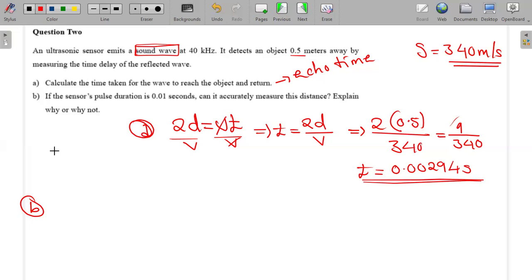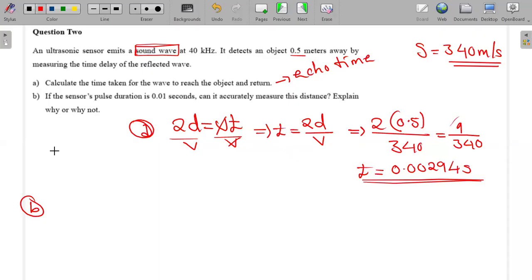It means that for this sensor to be able to hear an echo, it must finish transmitting the sound pulse before the reflection returns. I hope you understand what I'm saying. For this sensor with a pulse duration of 0.01 second, the echo must return after the pulse has finished being emitted.